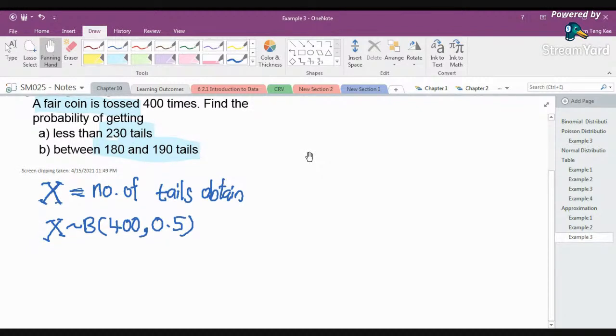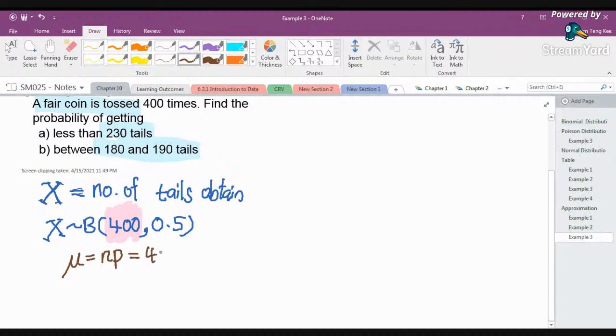Now when you look at this binomial distribution, you see n is 400 and the probability 0.5. The moment you notice that your n is greater than 50, we can start to suspect that we need to use approximation to solve this question. So let us calculate the corresponding value for the mean mu, which is np.